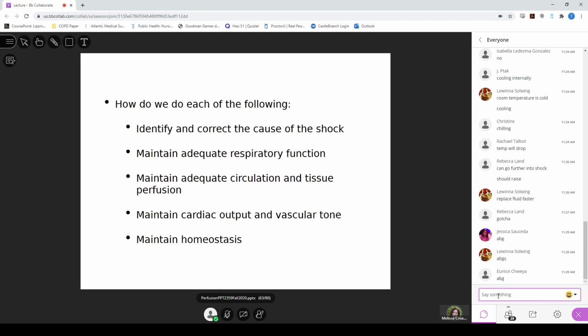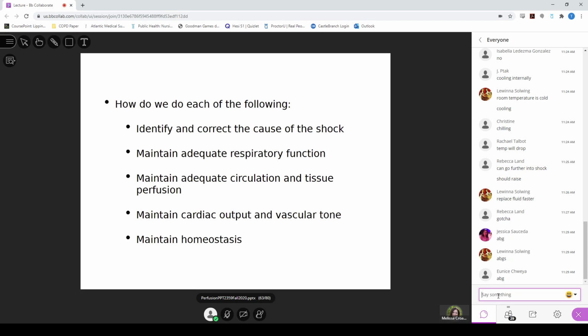ABG. So you've got to get some ABGs on the patient. Breath sounds. Breath sounds can tell you a lot about a patient. You don't always have to just have tests and numbers. And then also, even with the oxygen and the respiratory function, you've got to be able to assess their level of consciousness and make sure there's no confusion.